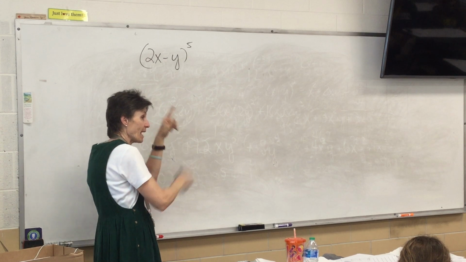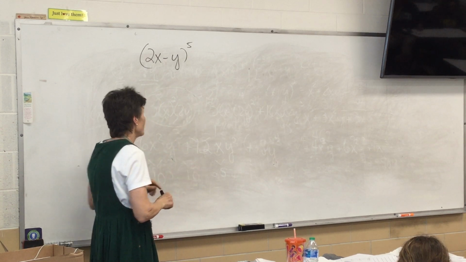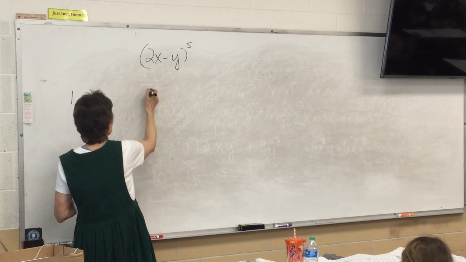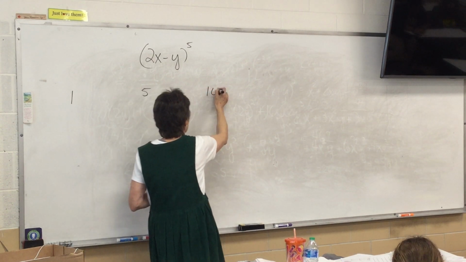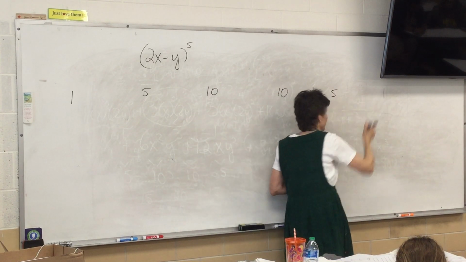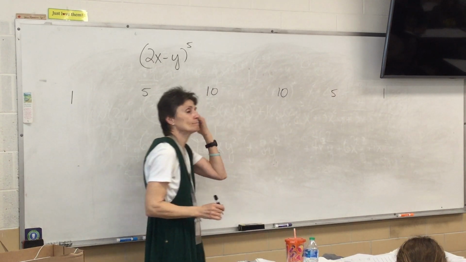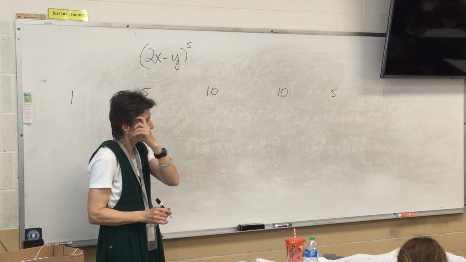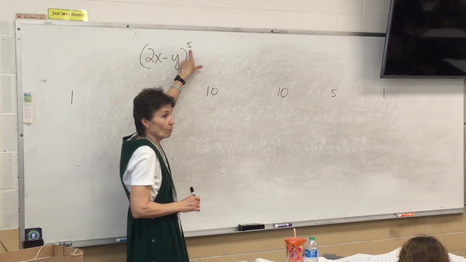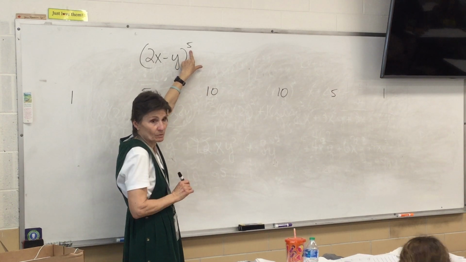You know how to build it by adding the row above. And I think the 5th row is 1, 5, 10, 10, 5, 1. Is that right? Yeah. So step 1, go to this row and write down those numbers.